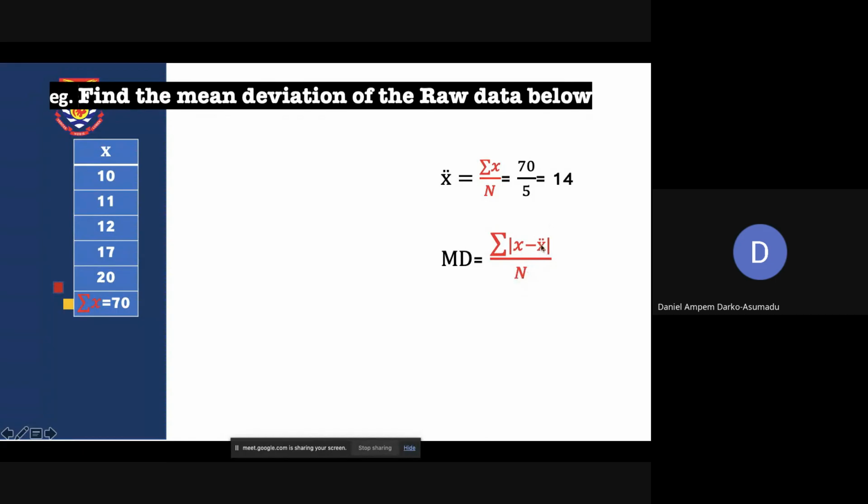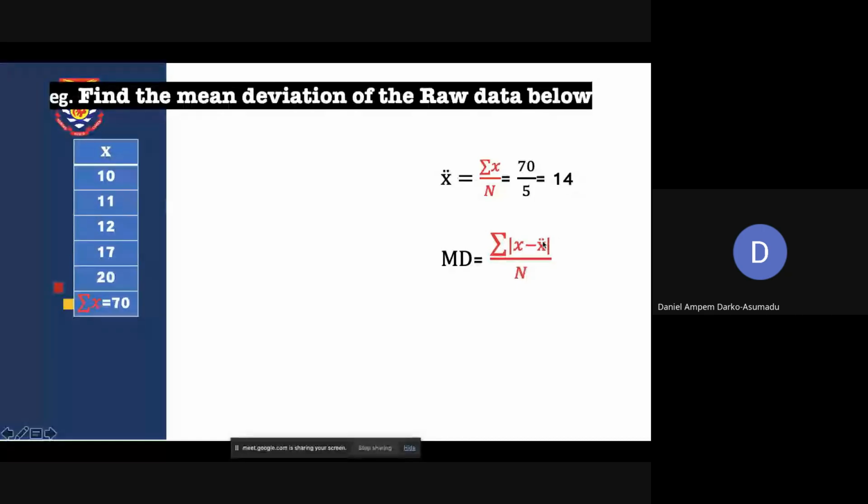So the first thing you do for mean deviation is find the mean for raw data. The mean is summation x over n. When you sum all these values, it gives you a sum of 70 over n. N is the number of observations: 1, 2, 3, 4, 5. So 70 over 5 gives you a mean of 14.